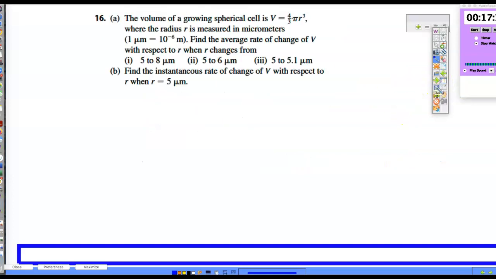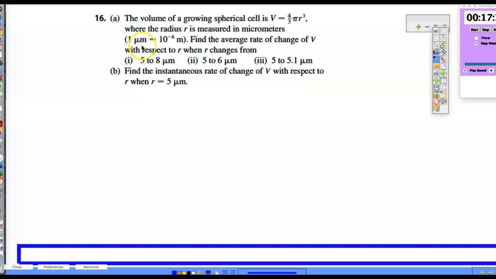So let's take a look here at another example, which is given in problem number 16. We're not going to do all the components to it, but I want you to get an idea of different types of problems. The volume of a growing spherical cell is determined by V equals 4/3 pi r cubed, where the radius r is measured in micrometers.